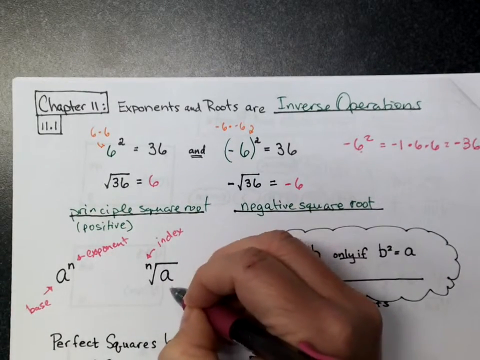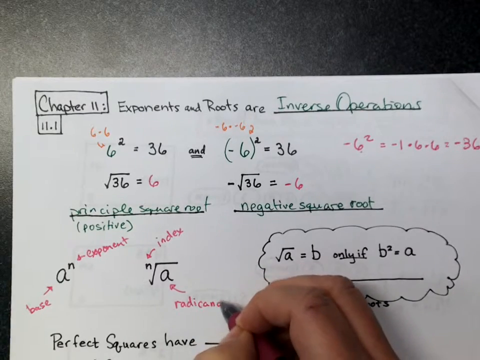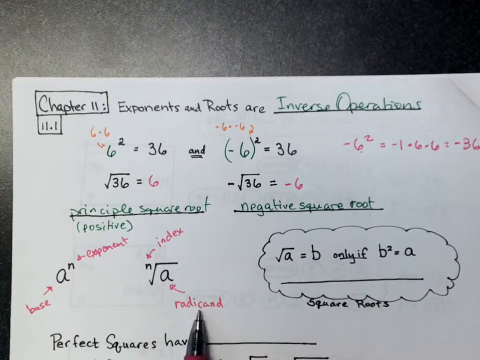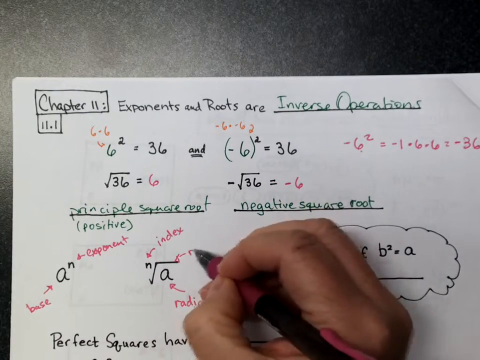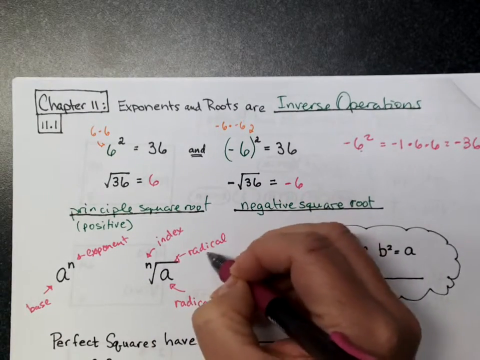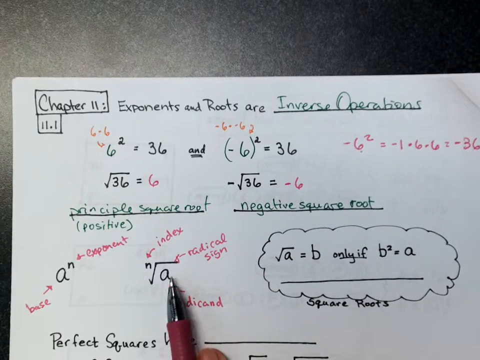What's underneath the radical sign is called the radicand. I'll be using that word a lot. Make sure you're very comfortable with understanding a radicand is what's under the radical sign. And then that's the other one right there. That is the radical sign. Sometimes I just refer to it as the radical or the radical sign. The radicand is the thing that's underneath it.